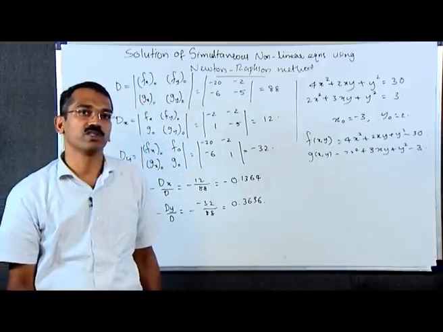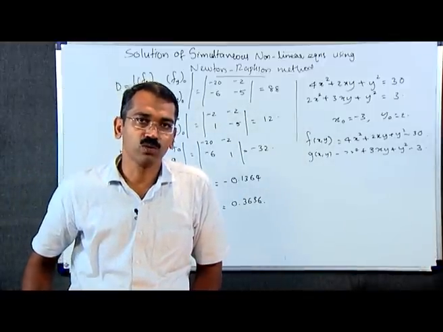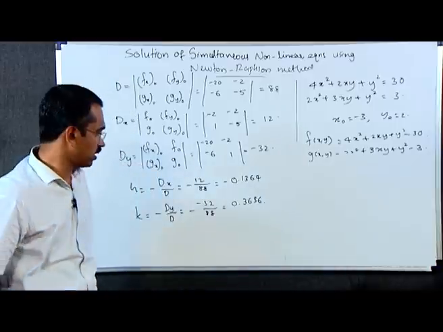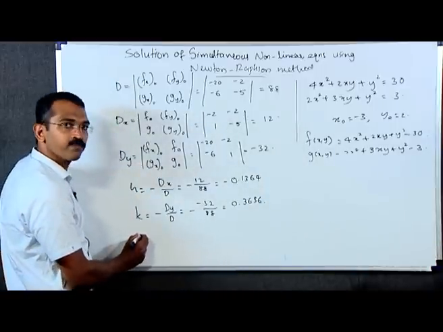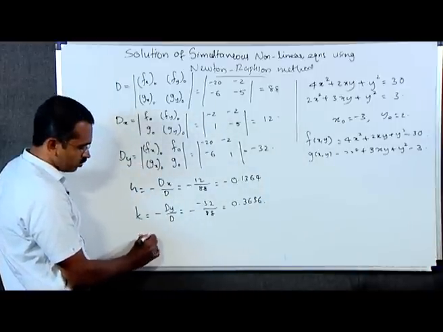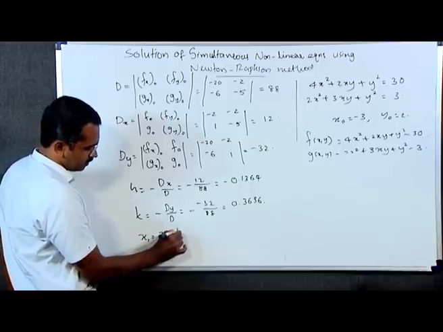These are the values of h and k. Therefore, a better approximate solution can be written as x1 is equal to x0 plus h.